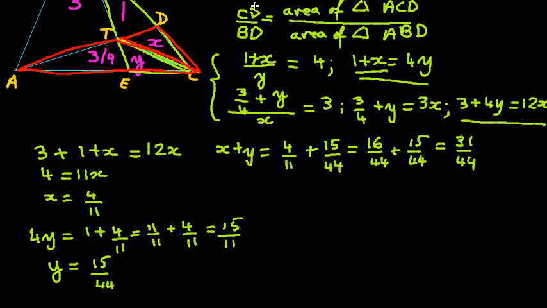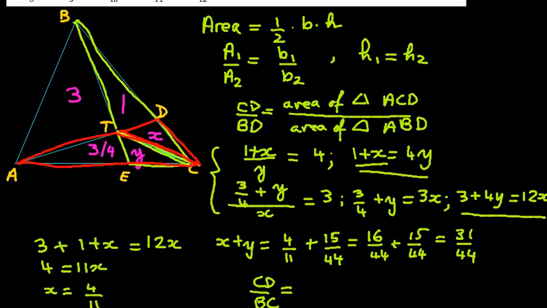Therefore, if we go back to this equation here, CD over BD is equal to, let's back up a little, the area of triangle ACD.